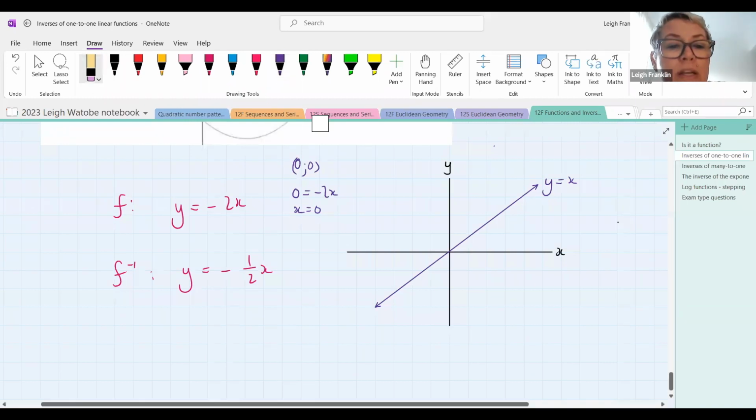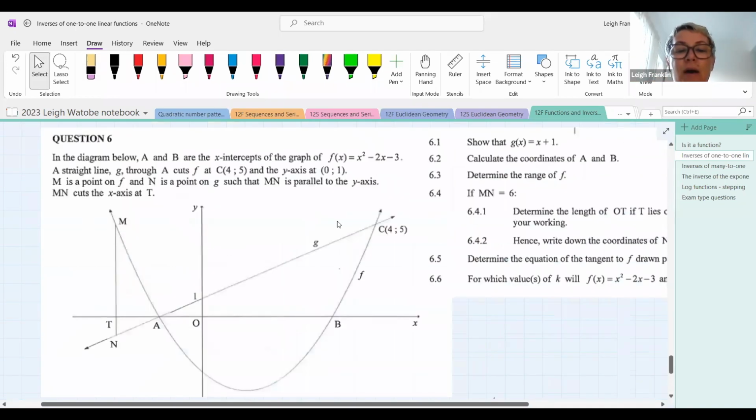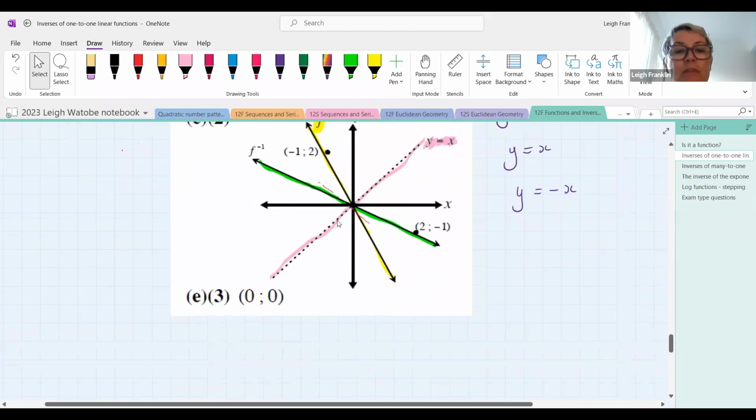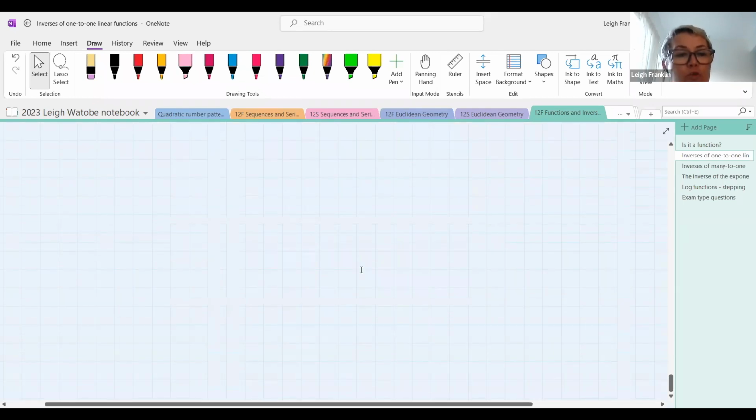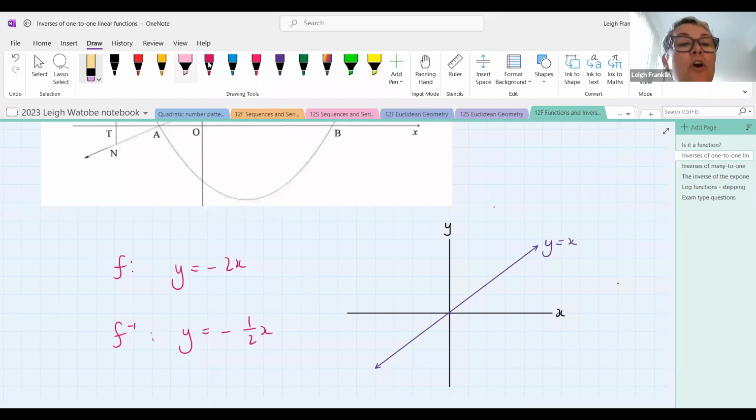So what we need to do here is use values. It does not matter what values you choose to use. In the case of this graph over here, they used -1 and 2, and then they drew the inverse of that. You can choose any values you want.